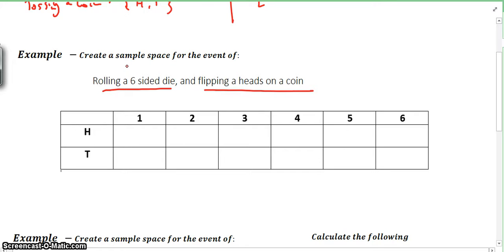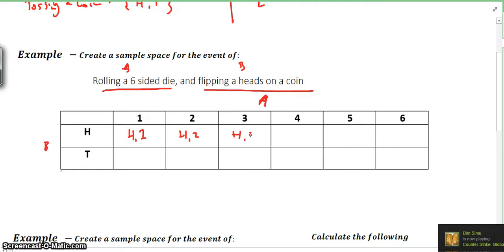This is event number 1, so we're going to call this event A, and we're going to call this event B. So along this side we have event A going on because we're rolling a 6-sided die, and B on this side, which is flipping a coin. So what are the possible options we could get? You can see with this construction of a table, we can immediately say that this is going to be H1, H2, H3, H4, H5, H6.